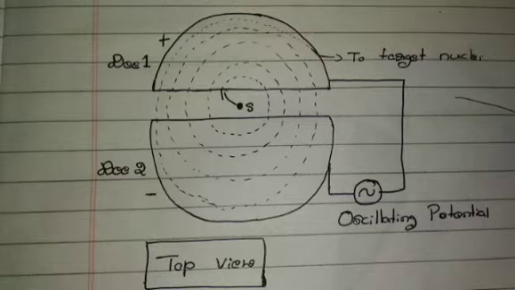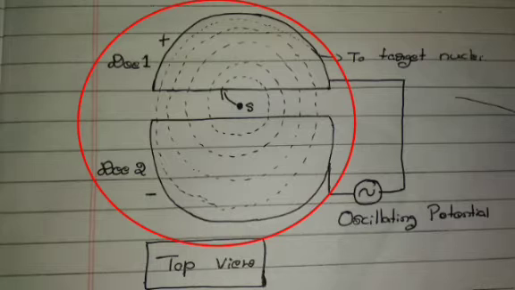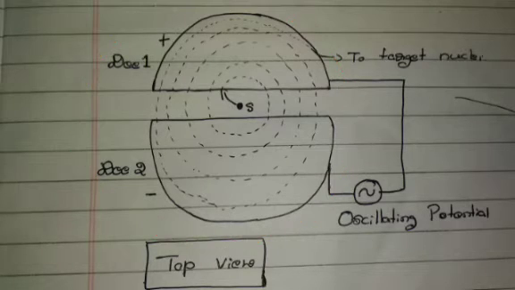Another diagram is here, and this is the top view of this cyclotron. Here two D's are shown, D1 and D2, and these two D's are connected to the oscillating potential.